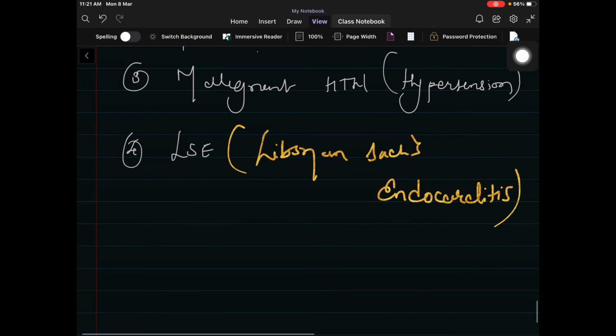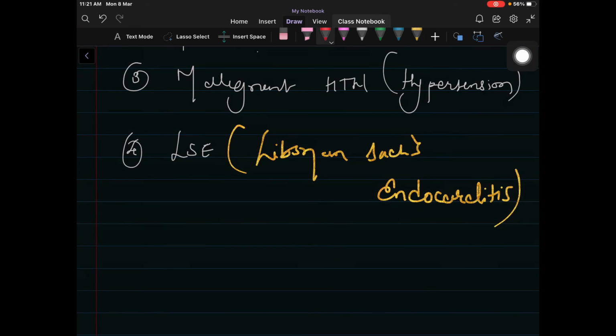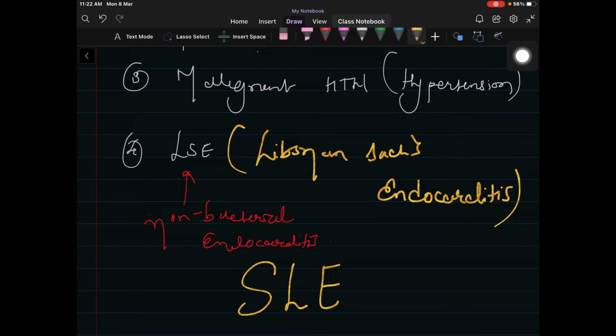Generally, LSE is a form of non-bacterial endocarditis, which is seen in association with the most common immune disorder, that is SLE. Remember this point.